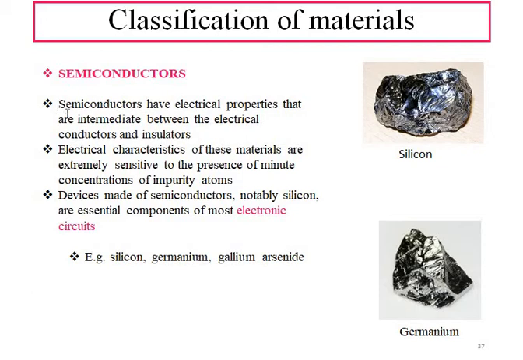Semiconductors have electrical properties that are intermediate between electrical conductors and insulators. It will be in between that of metals and ceramics or polymers. So insulators are there, and electrical conductors, and that's why it is named semiconductors. It's much familiar for you all.